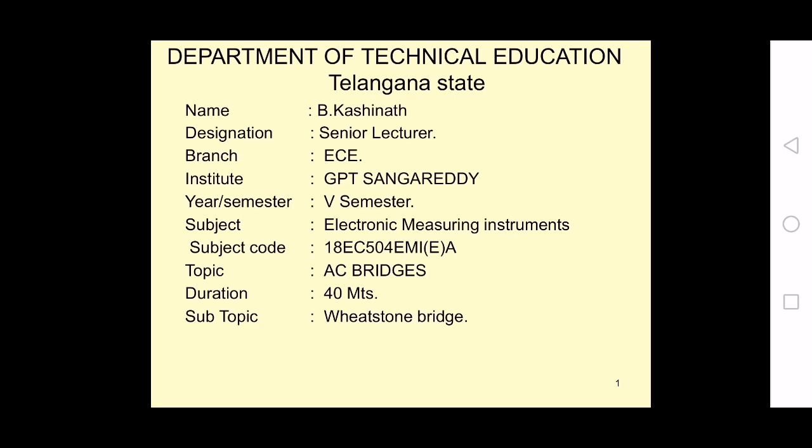Today I am going to discuss the topic of AC bridges measurement. In AC bridges, one subtopic is the Wheatstone bridge, which is used to measure the unknown resistance. Before going to the Wheatstone bridge, what actually is a bridge circuit?